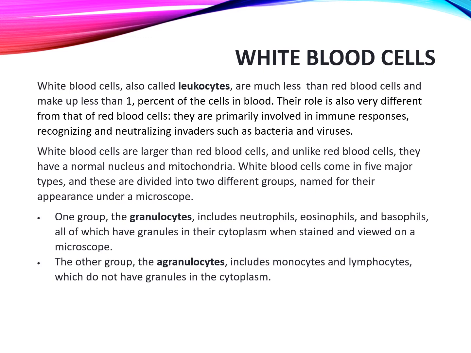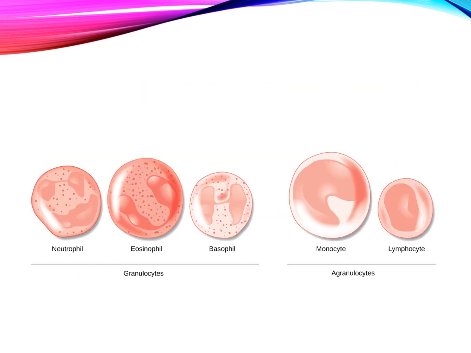One category is granulocytes, which includes neutrophils, eosinophils, and basophils. All of these cells have granules in their cytoplasm. The other cells, which do not have granules in their cytoplasm, are called agranulocytes, and this includes monocytes and lymphocytes.